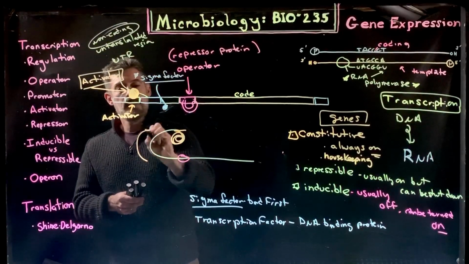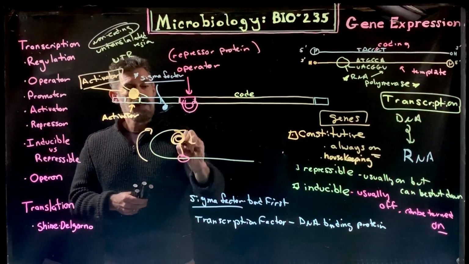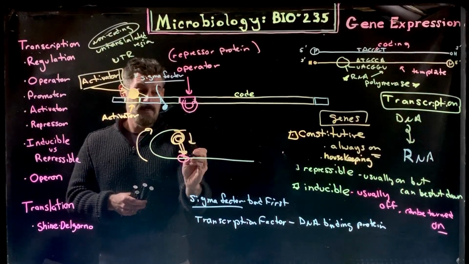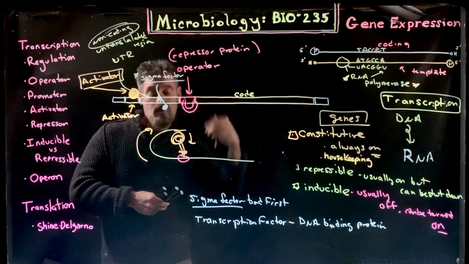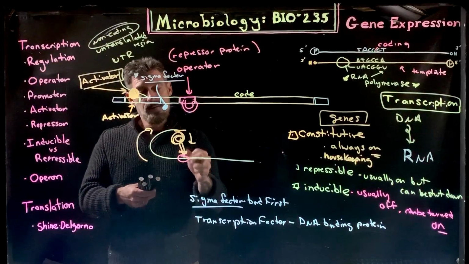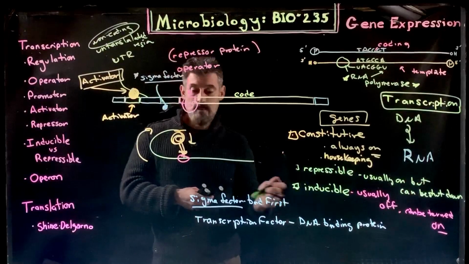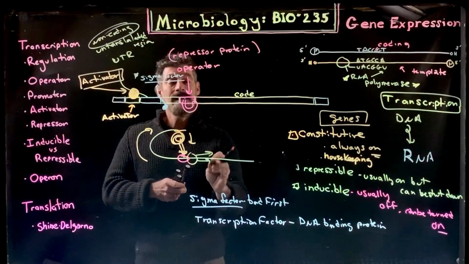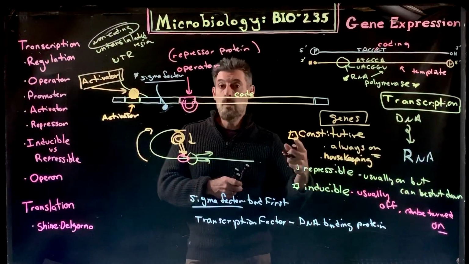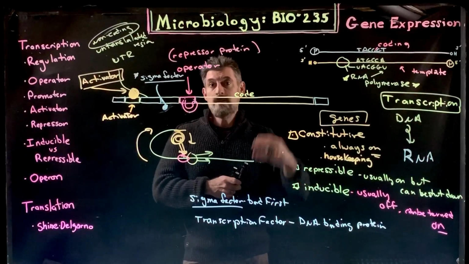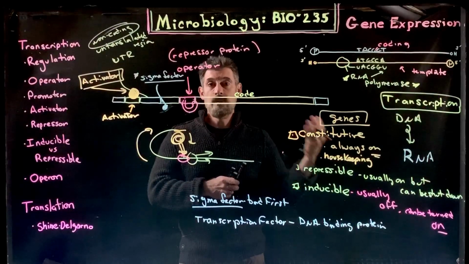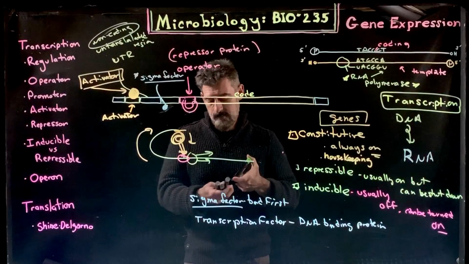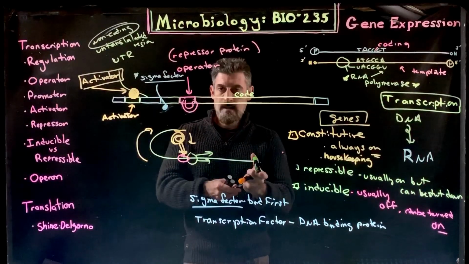And so we see that the DNA is folding, and then we actually get some action where the activator protein might bind to the repressor protein and remove it, or bind to this region of the promoter and help the RNA polymerase bind. All right, so it can activate a gene to turn it on or to upregulate it and to increase the rate of transcription, by helping that process go along. So these are some of the basic layout.